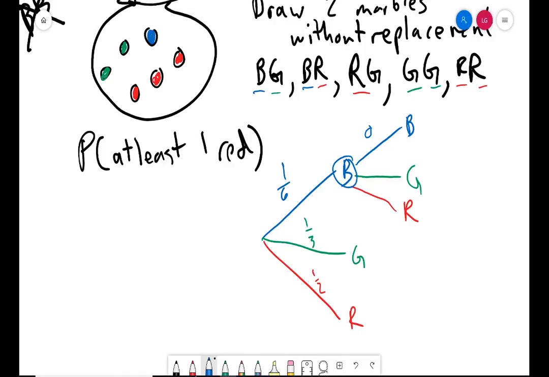There is no blue there anymore. It's in our hand, it's not in the bag. We reach back in the bag, there are no blue marbles to grab. In contrast, there are still 2 greens in this scenario. There were 2 greens in the bag, we didn't draw one out. There are still 2, but there are only 5 remaining marbles. So these probabilities change.